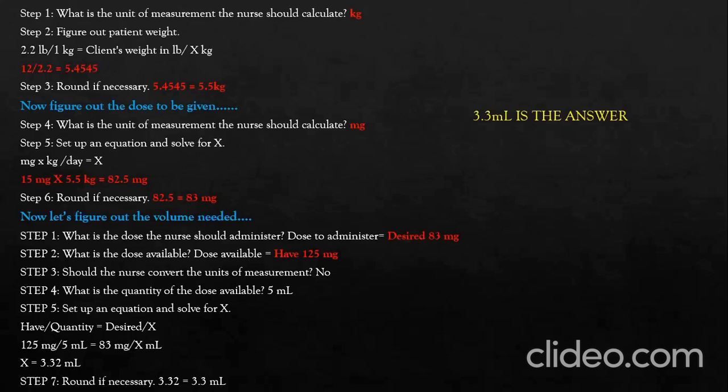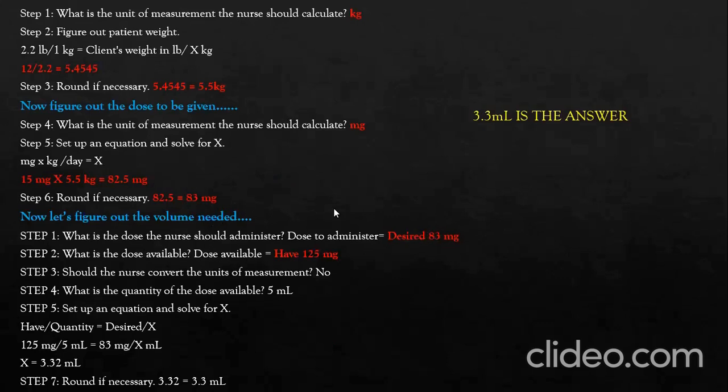So X amount of milligrams per kilogram. If it was 15 milligrams per kilogram, then it's 15 times 5.5. That's what got us to 82.5. Here they rounded, which you probably would come with the same answer, but anyway, you round that before you move on to the next step.